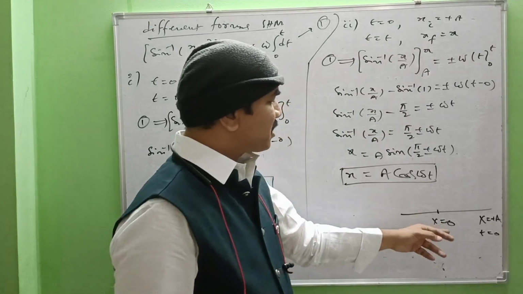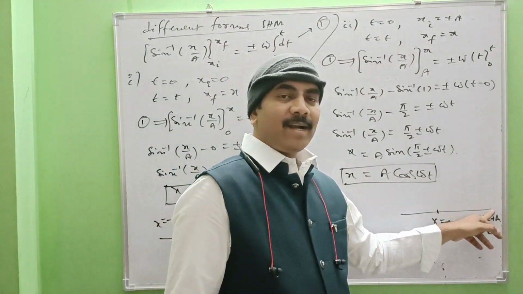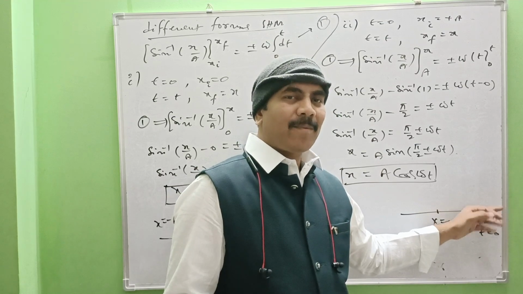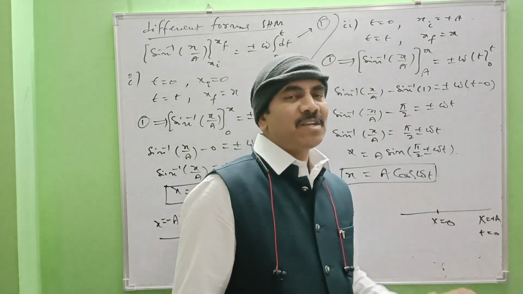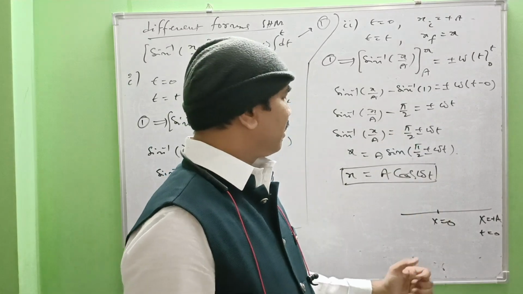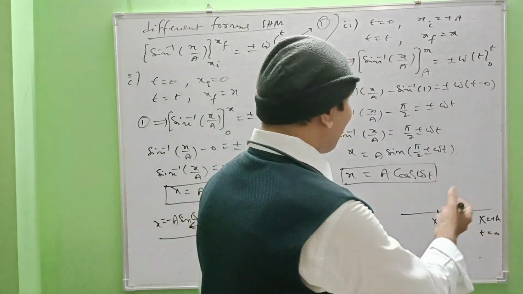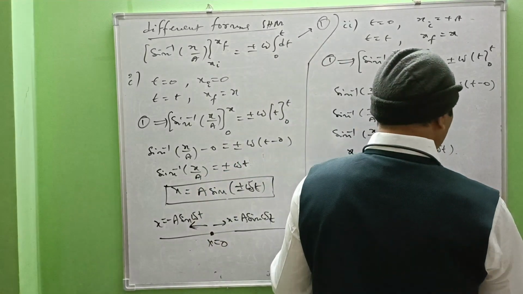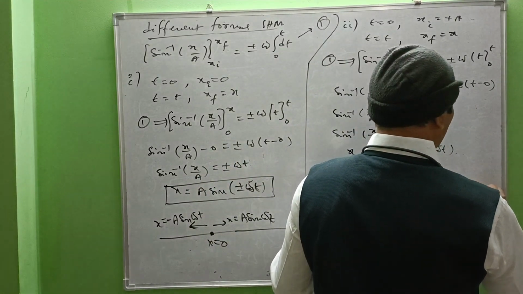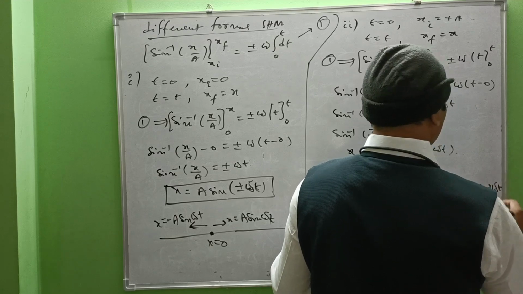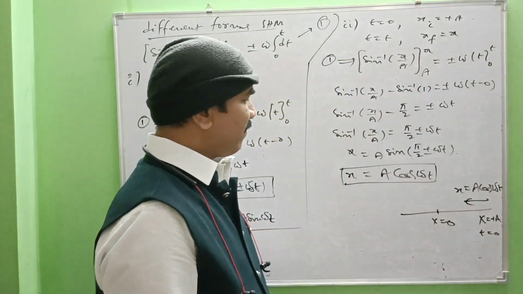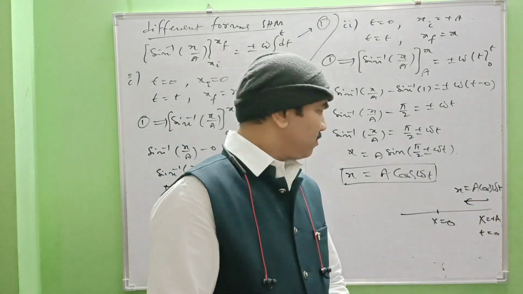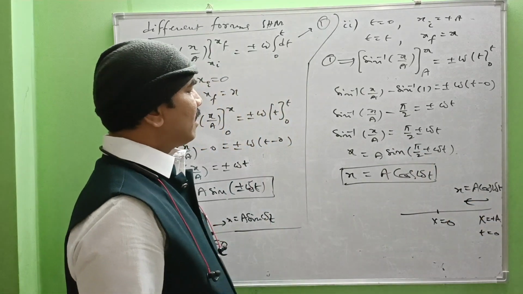So the particle starts its motion from the right extreme position. In that case, we have to consider x = a cos ωt. That's the valid expression when it is found initially at the right extreme position.